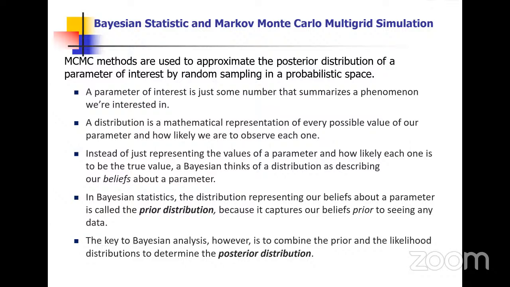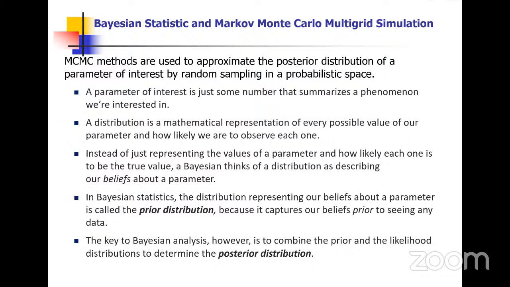That does not mean that there are no people that are taller than that and people that are shorter than that. So one way of looking at this kind of information is to do a Markov chain Monte Carlo simulation. Now, instead of just representing the values of a parameter and how likely each one is to be the true value, we can think like Bayes.